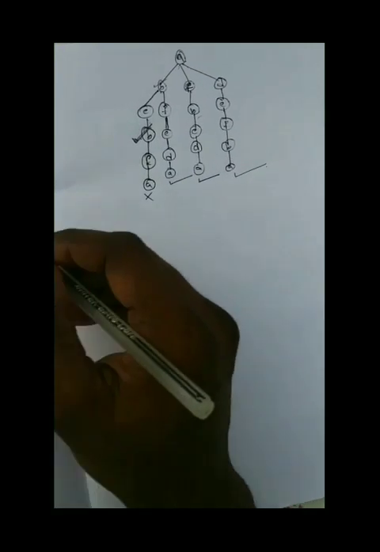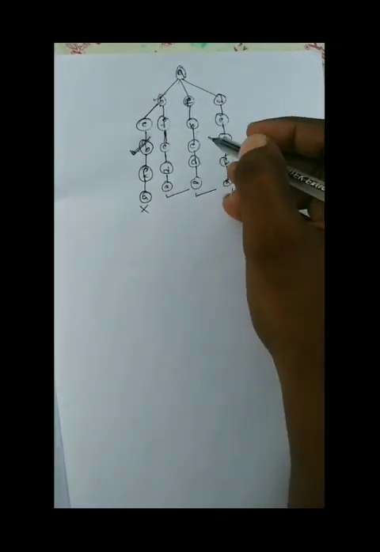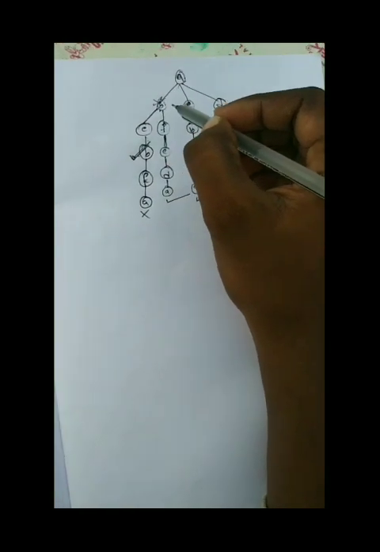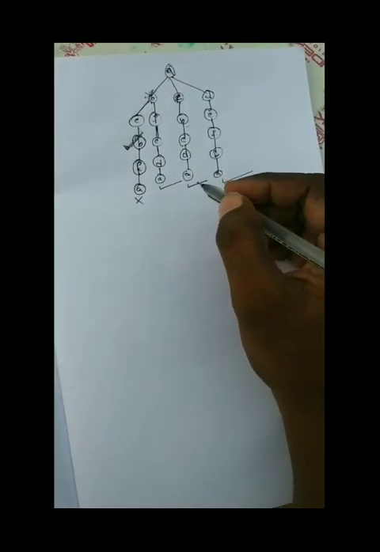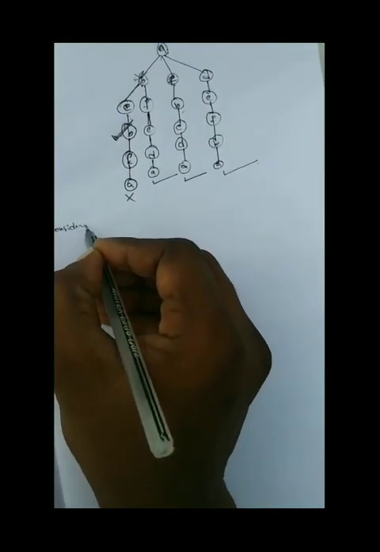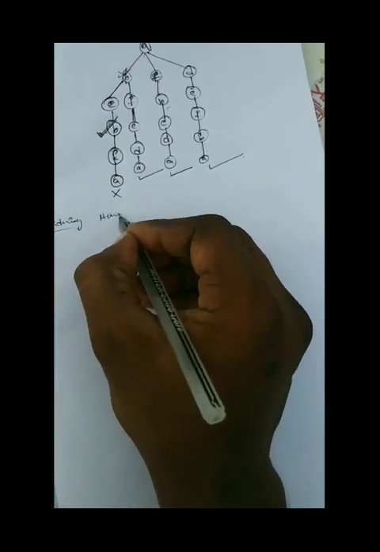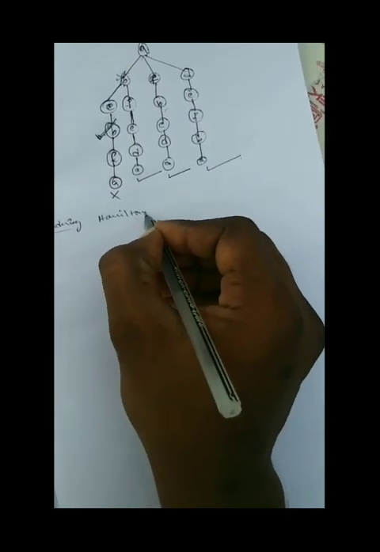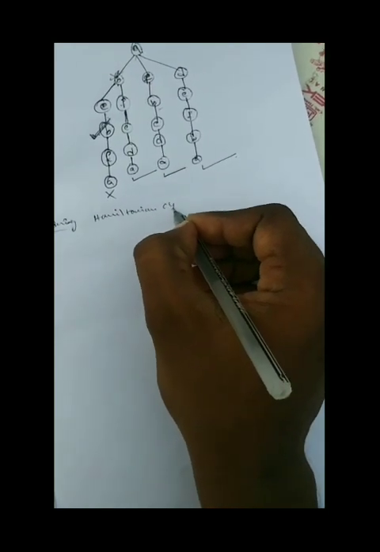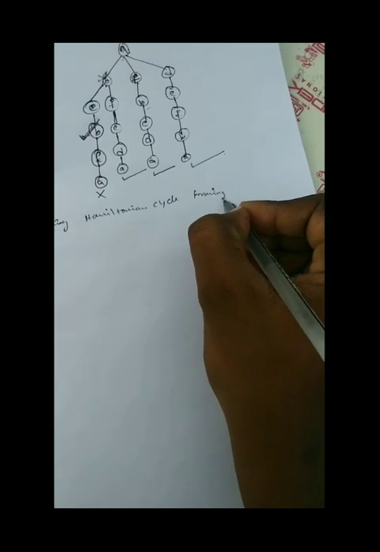Likewise, we can represent the possible cycles, but we must consider the Hamiltonian cycle forming rules.